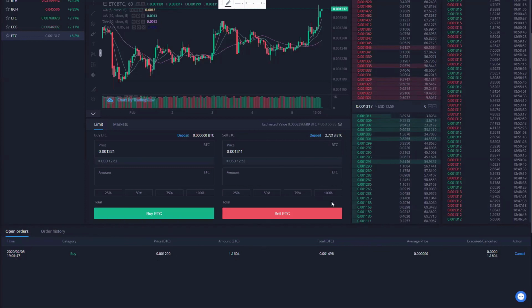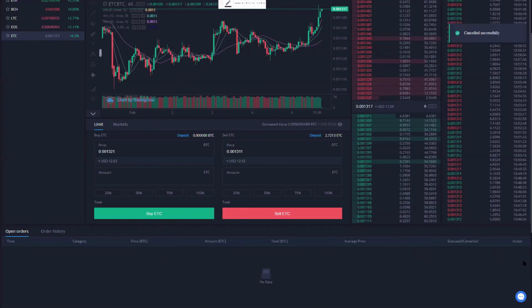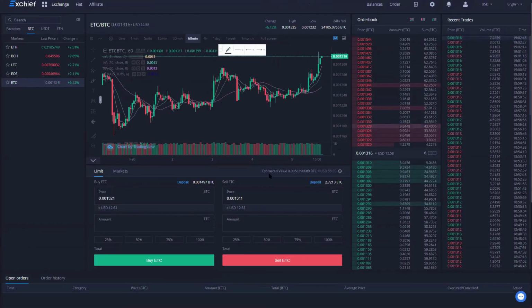At this point, if you decide to opt out of this trade, you just click on cancel, and it gives you the same feedback. Whichever quantity of Bitcoin was in trade is immediately returned to your balance, and you can readjust the price if you wish, or you can just opt out of the trade.